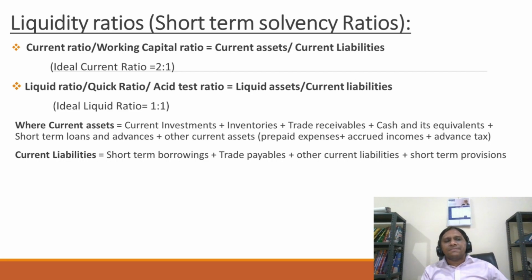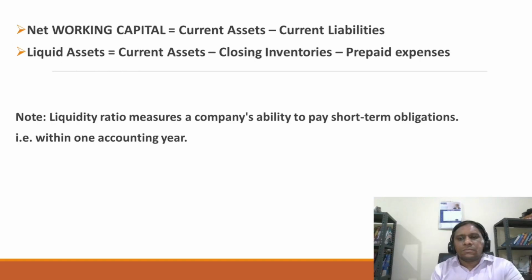Similarly, current liabilities is equal to short-term borrowings plus trade payables plus other current liabilities plus short-term provisions. Definitely, these are the 4 subheads of current liabilities. Under these subheads, various items may be there. We have to be very cautious in this regard.